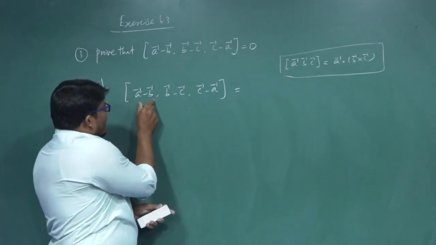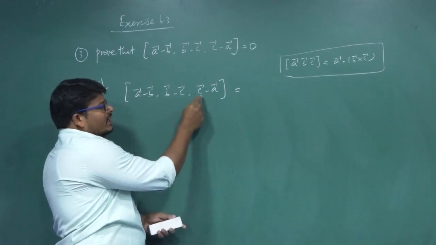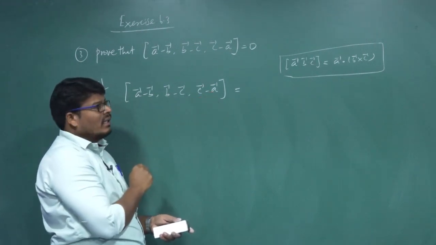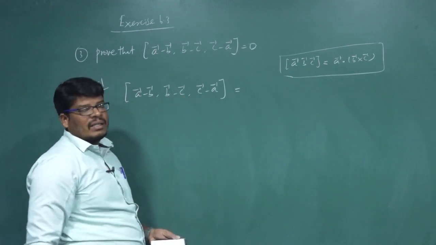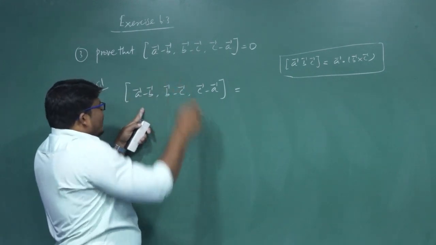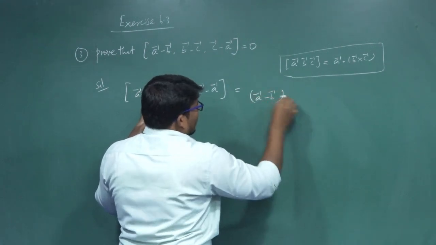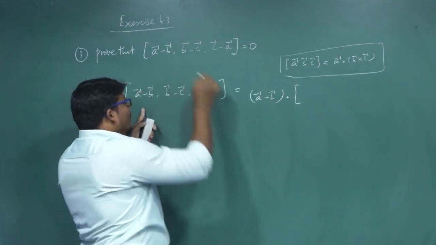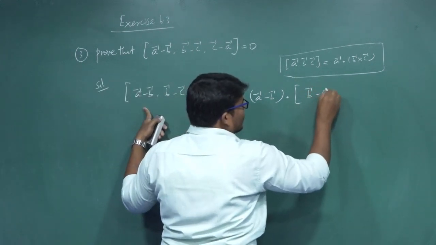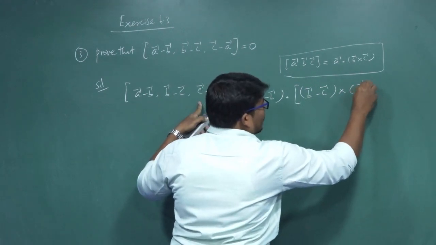Now assign A minus B as the first vector, B minus C as the second vector, C vector minus A vector as the third vector. Now write in the scalar triple product: first vector dot second vector cross third vector. That is (A vector minus B vector) dot (B vector minus C vector) cross (C vector minus A vector).